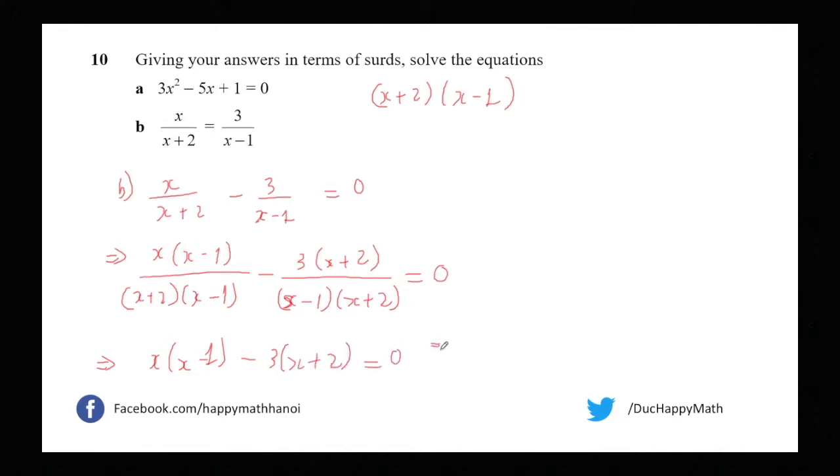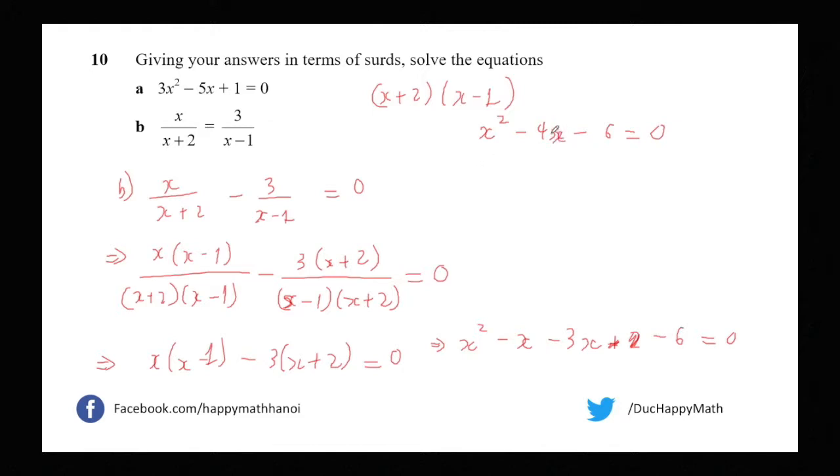And we will get x squared minus x minus 3x plus 2. No, sorry, this is not plus, this is minus 6. Minus 6 equal to 0. So the final quadratic equation will be x squared minus 4x minus 6 equal to 0.